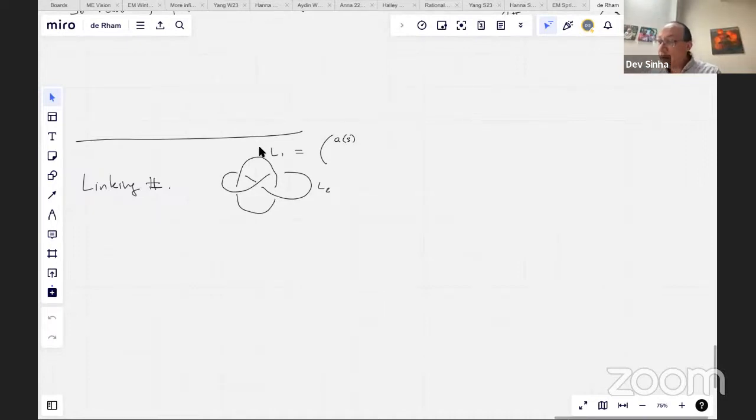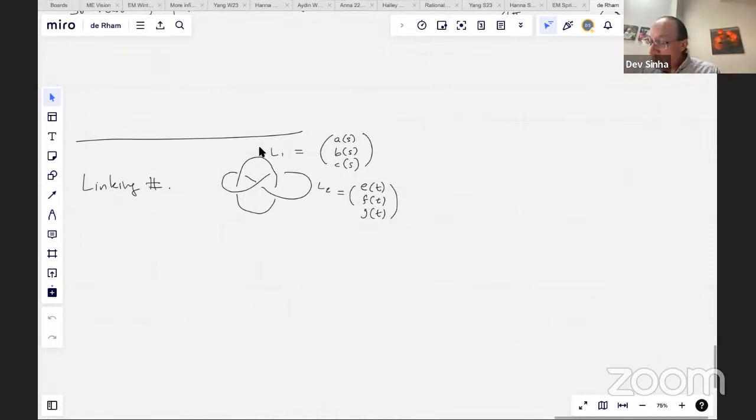So s parameterizes the first circle, and then functions a, b, c parameterize in that circle coordinate the first link, and then e, f, g, which are now of the second link component coordinate, parameterize the second one.